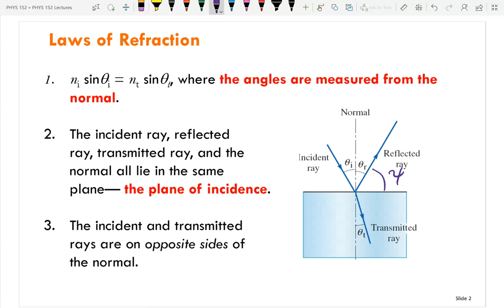Well, this psi is neither the incident nor the reflected angle. It's the complement of the reflected angle. Complement means the two angles add up to 90. So you just use a two-step. One is the law of reflections, and one is that psi is the complement of theta reflected, to find what psi is with regard to the incident angle.